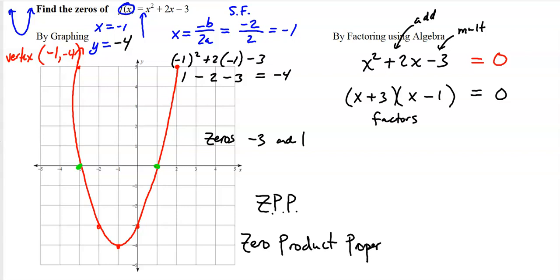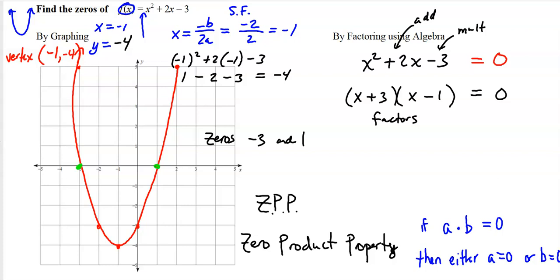According to the zero product property, there's not a lot to it, but it basically says if A times B equals 0, well, if two numbers multiplied together equal 0, then either A must equal 0 or B must equal 0, or both. You know, they could both be 0. But one of those two has got to be 0.